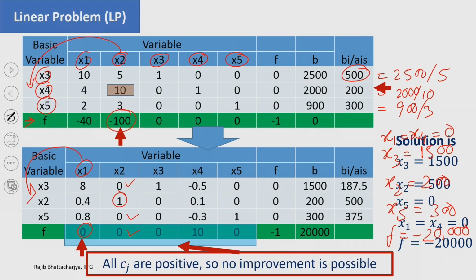So, I would like to make x1 a basic variable, and if I take the ratio, this is 187.5 now, and that is the minimum one, and therefore this will be the pivoting element. So, that means x3 will now be replaced by x1.